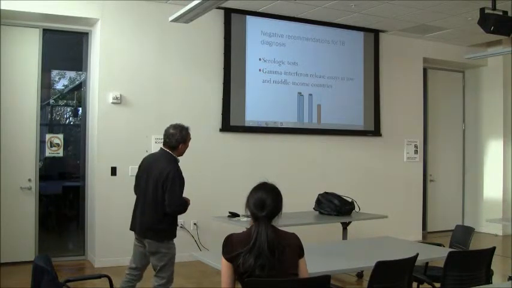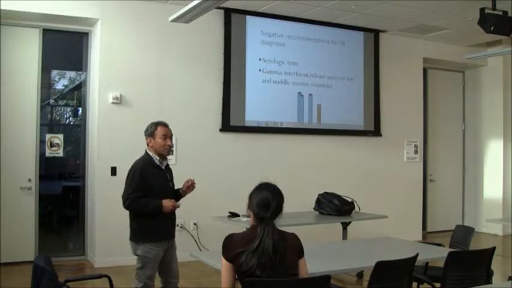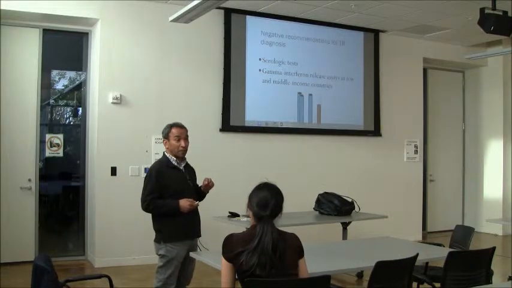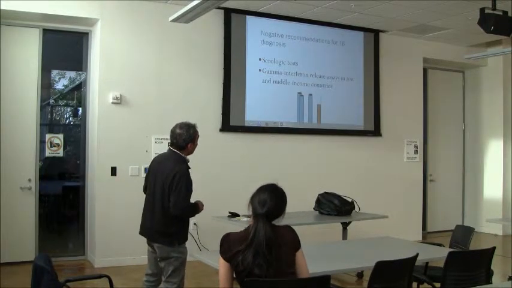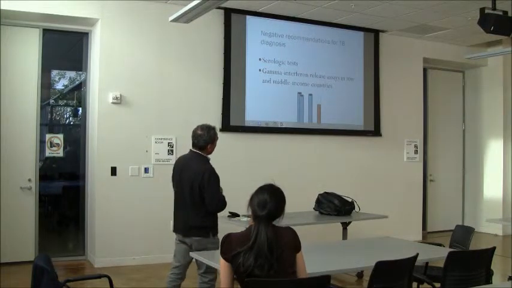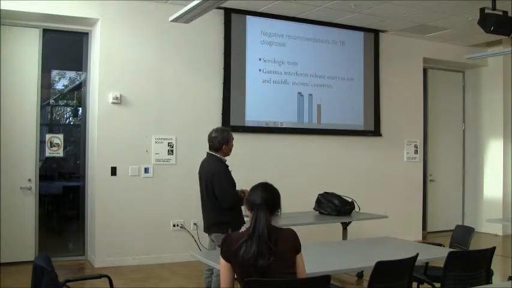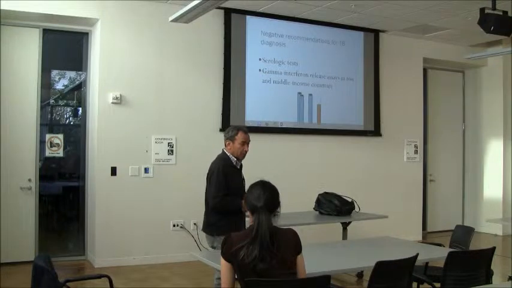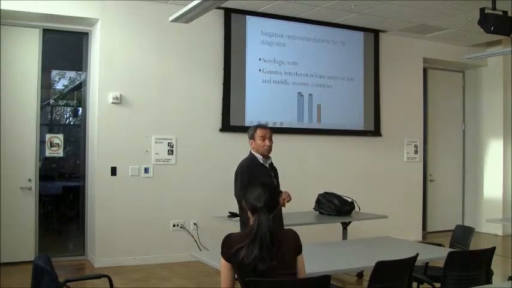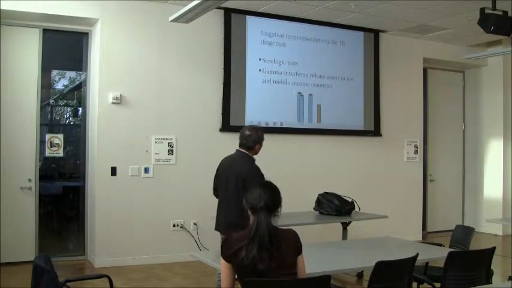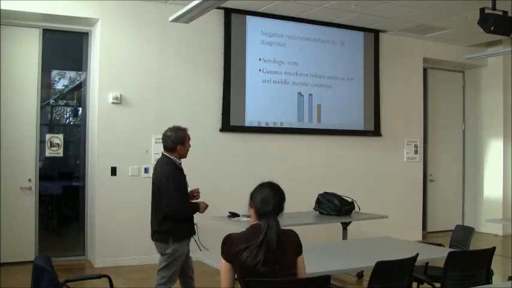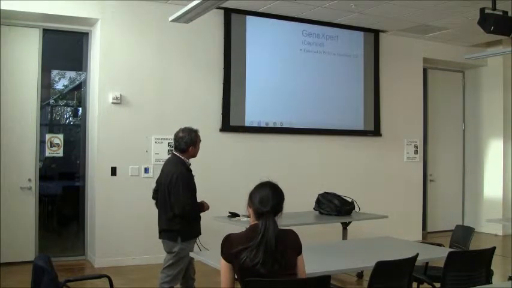I use the word protein because we have a serological test, but we don't target proteins. And then there's the gamma interferon release assay, a new test that's designed to detect latent TB infection. But again, it's not really recommended for low and middle income countries.